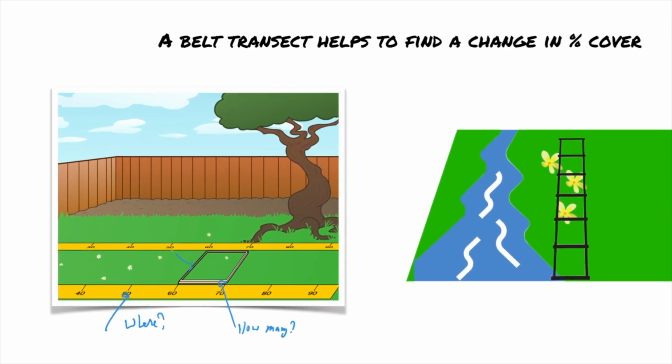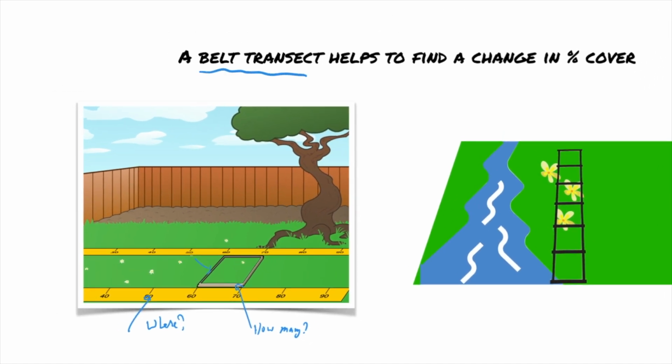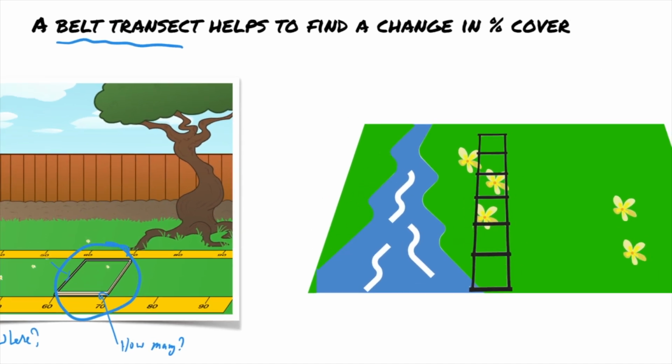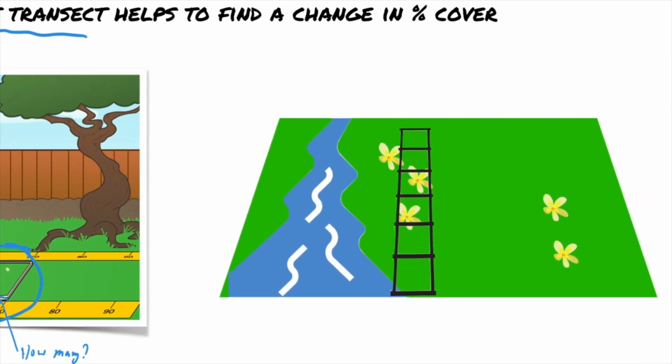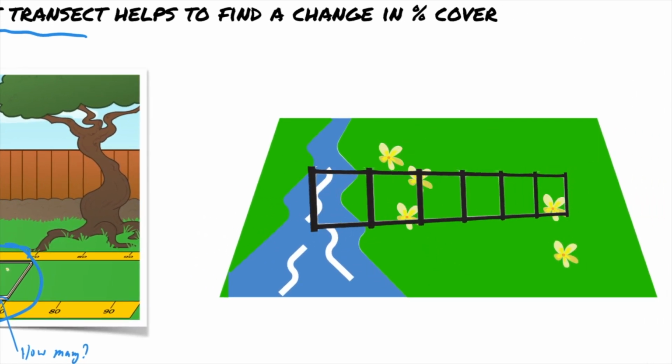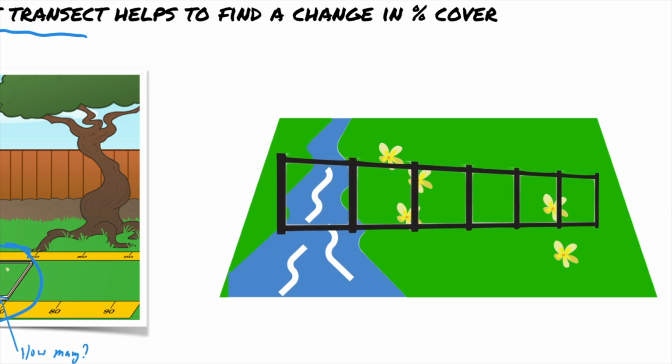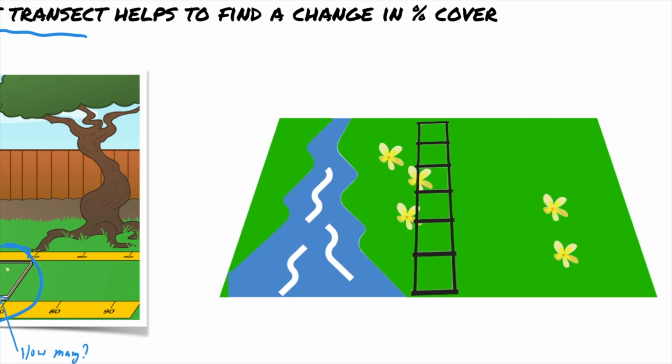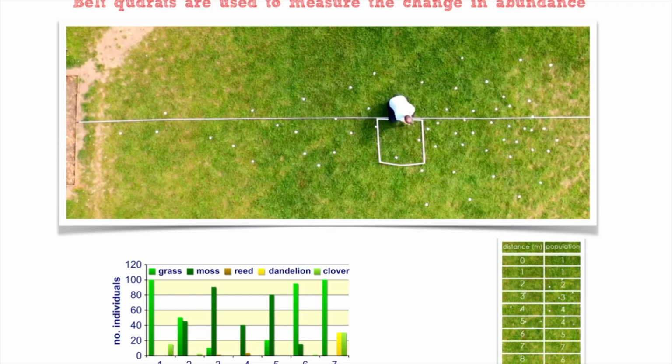We usually call it a belt transect. Belt transect means that you have a quadrat and a transect. And as you can see here, this is what we call systematic sampling, because you're not doing random quadrats everywhere in the habitat. No, you place your quadrats in a specific way, based on a specific distance that is determined by your transect.